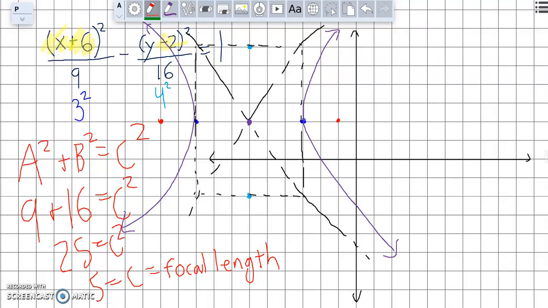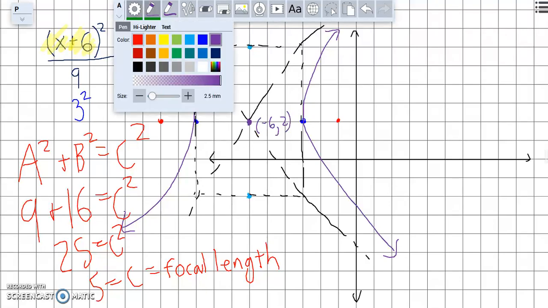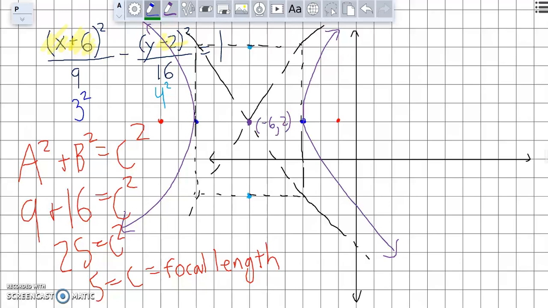The things I'm going to label are, first I'm just going to throw some coordinates down here. We start off the center, which was -6, 2. To find the vertices, we went to the right 3 and to the left 3. Added and subtracted 3 to our x. To find the co-vertices, we went up 4 and down 4, added and subtracted 4 to our y.